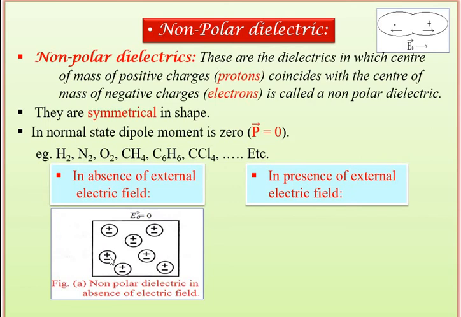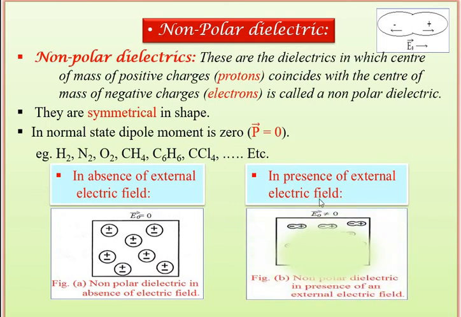When this type of dielectric is kept in the external electric field, the positive and negative charges are displaced. The positive charge is displaced in the direction of the external electric field and the negative charges are displaced in the opposite direction.